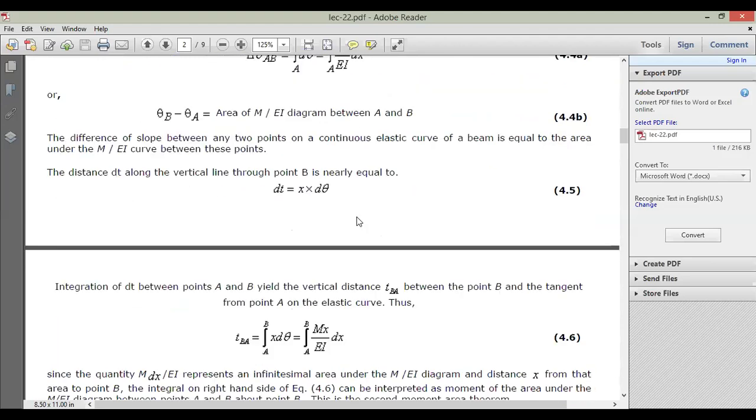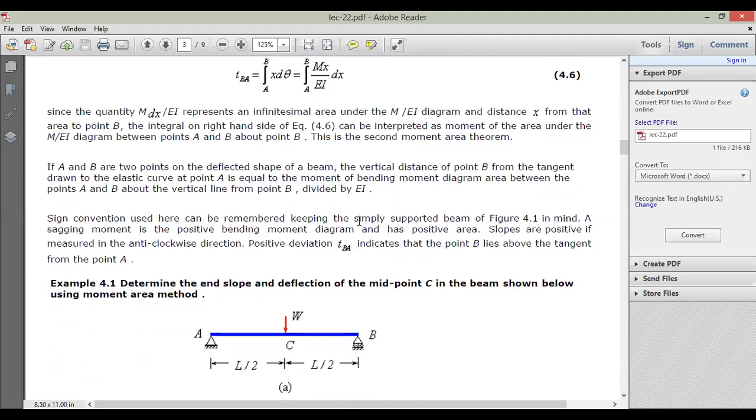This is the relationship between bending moment and deflection of a beam. These are the relationships that we will now implement to study the practical examples.